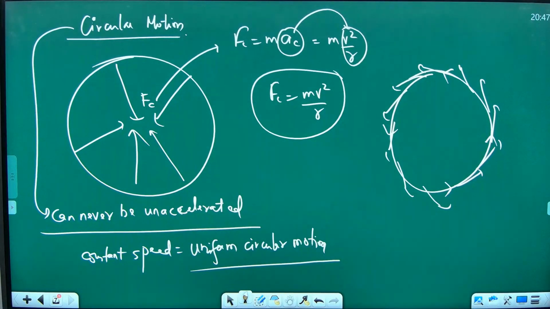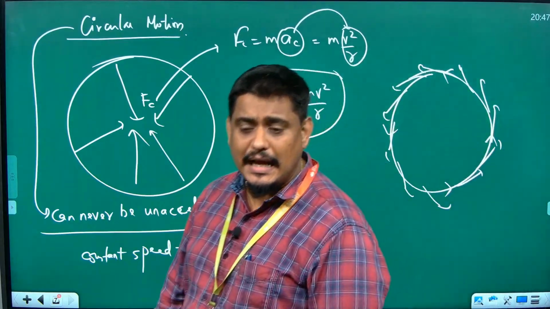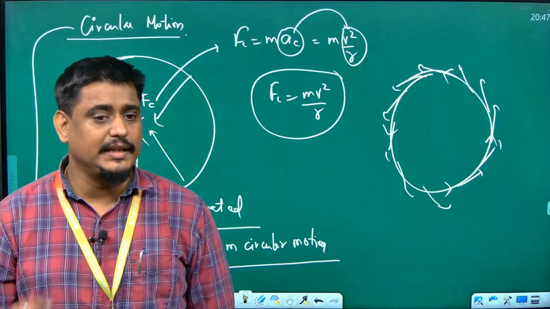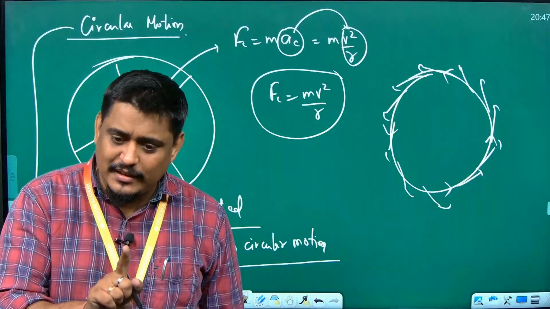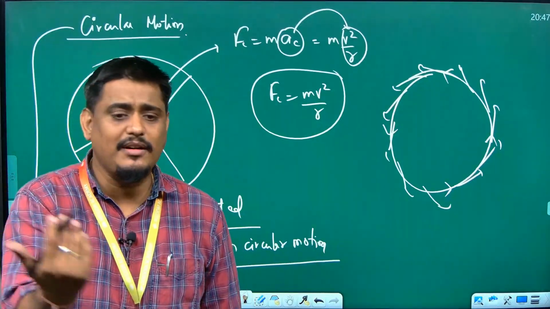In circular motion, a will never be 0. So when I use the word uniform circular motion, understand that it is constant speed, but velocity is definitely going to be different, because direction is going to keep on changing.